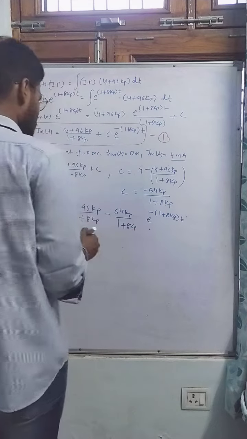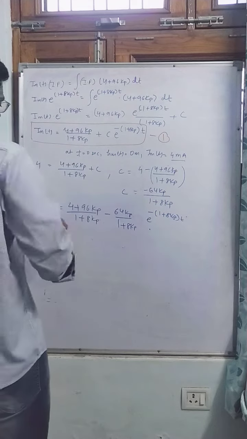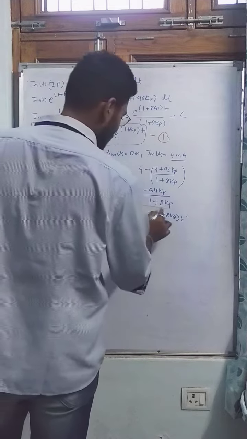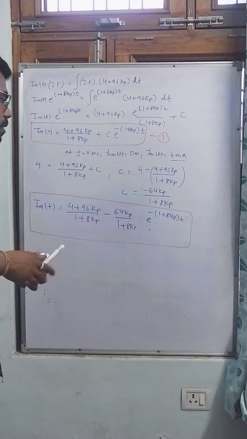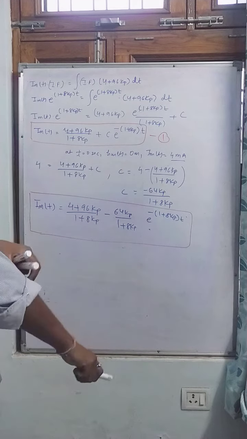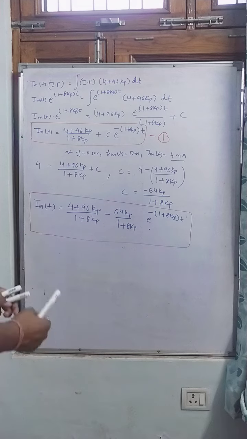Yes or no? So this is your final expression for finding current IMT according to the level of the tank. Now we have found it. Okay, so let's check.